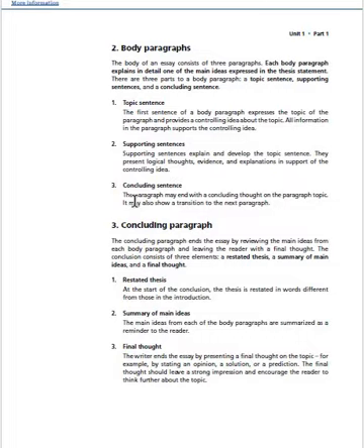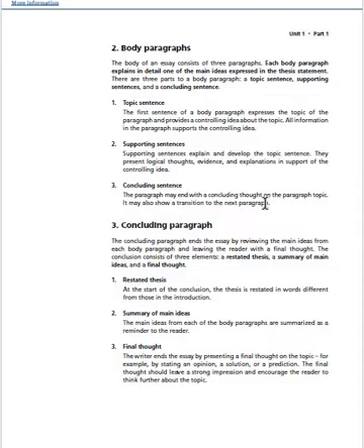The concluding sentence: the paragraph may end with concluding thoughts on the paragraph topic. It may also show a transition to the next paragraph. You may find there are lots of things in it, so let me discuss here first.